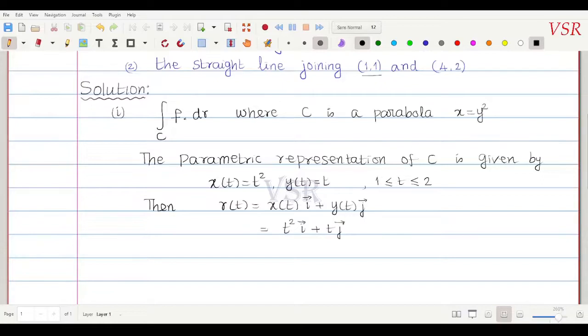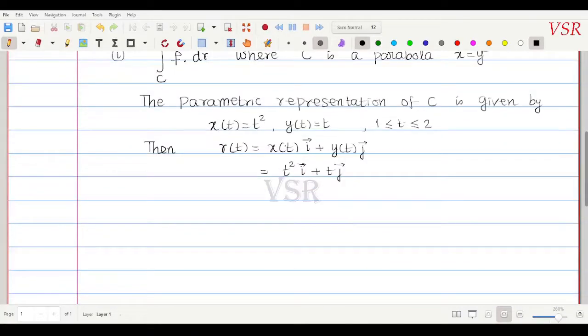This is my r of t, where 1 is less than or equal to t less than or equal to 2. Note that this is all two-dimensional, so there is no k coordinate, only i and j. Then dr we get by differentiating.